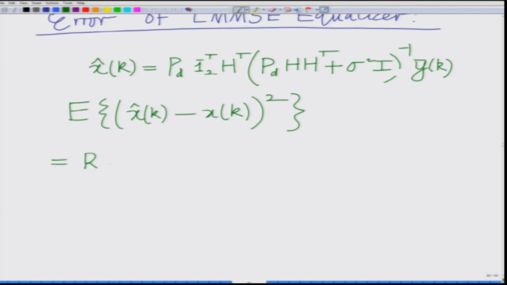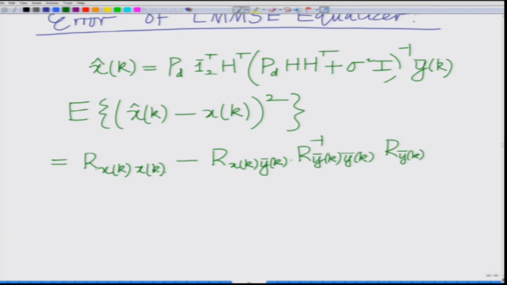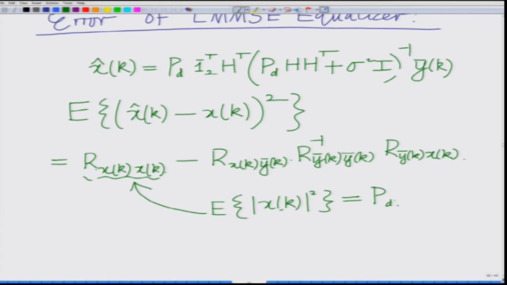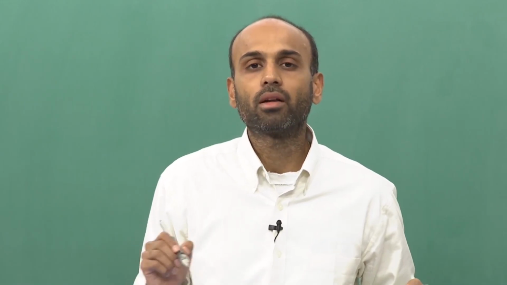We know the expression for the error of the LMMSE estimate: r xk minus r xk y bar k times r y bar k inverse times r y bar k xk, where r xk is the expected value of magnitude xk square, which is equal to PD, that is the power of the data symbols.